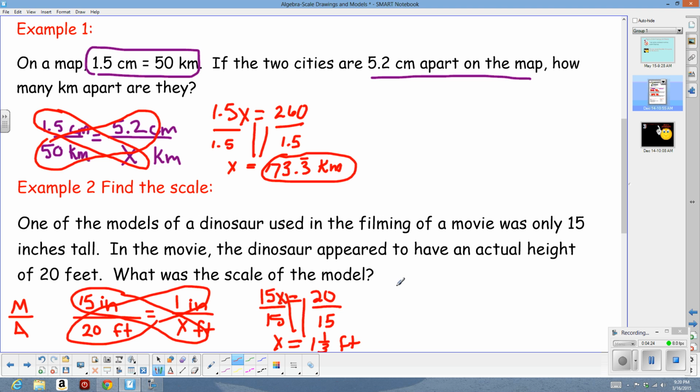So the scale is 1 inch equals 1 1/3 feet, or 1 inch on the model equals 1 1/3 feet in real life.